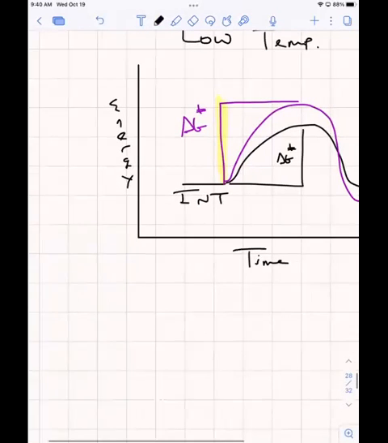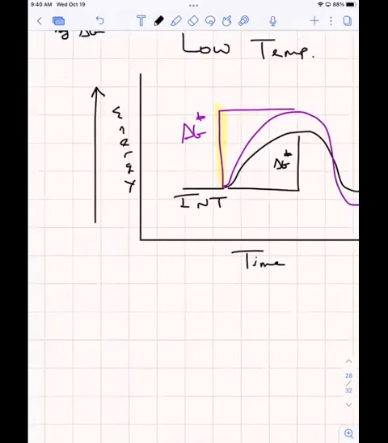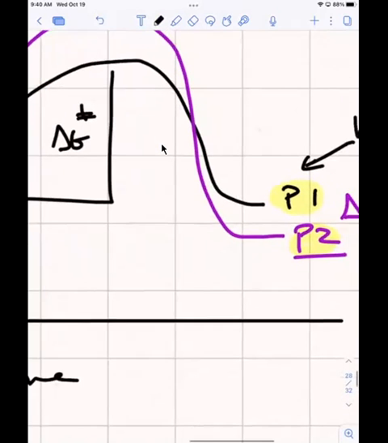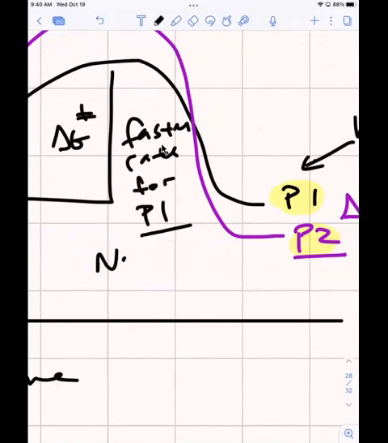Right, if energy is increasing in this direction. But because you're at low temperature, product 1 is the most accessible of the 2 because it has a lower activation energy. So the rate is increased. I'm not gonna say no energy.